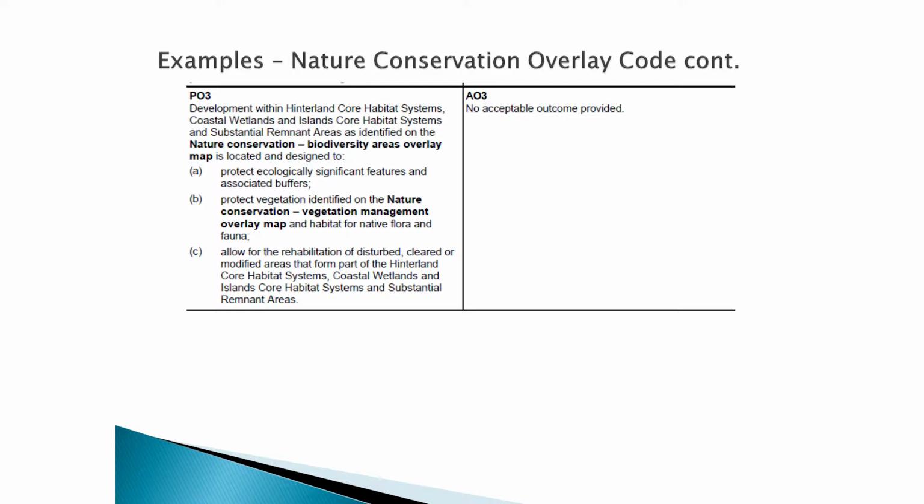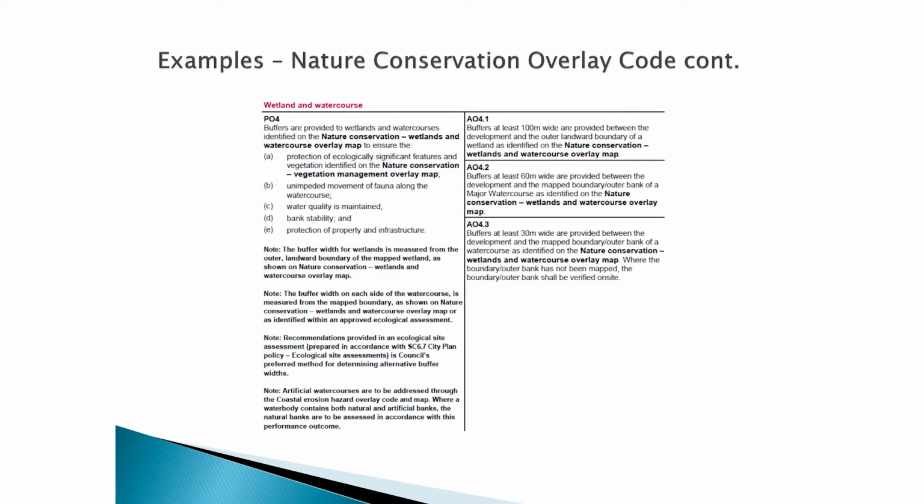So there's a lot of duplication here, but there's a clear message. Nature Conservation Overlay Code talks about wetland and watercourse. The AO, only an acceptable outcome, but buffers of at least 100 metres. So that's a common theme coming up, as well as the subdivision of lots.